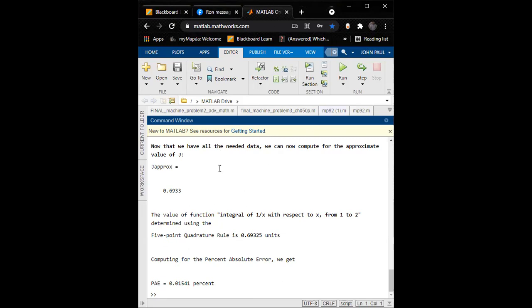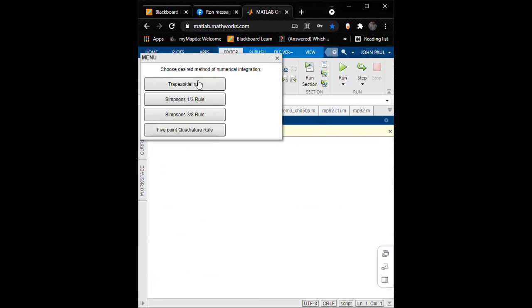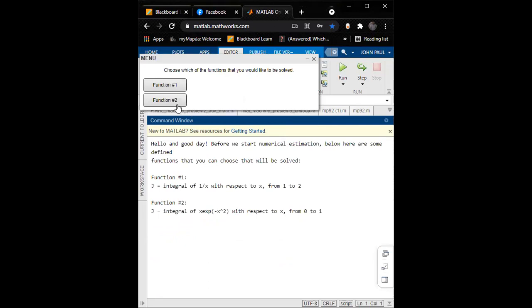Moving on to the second part, we will now evaluate the second function. Again, we run this MATLAB program, then choose the trapezoidal rule and the second function.